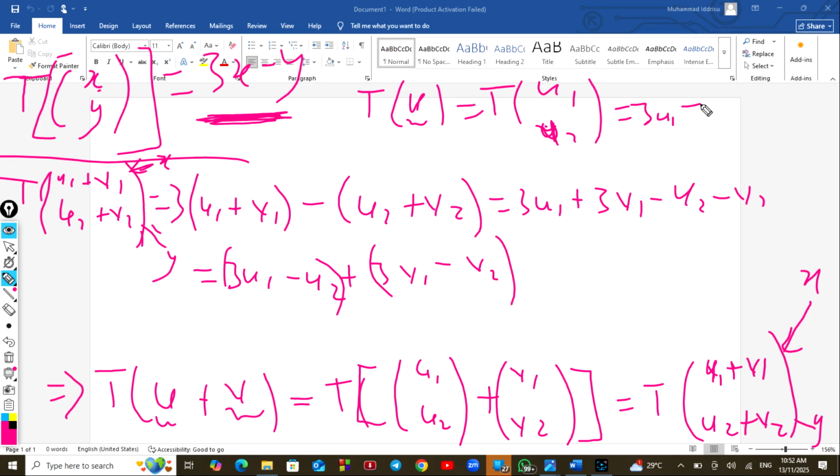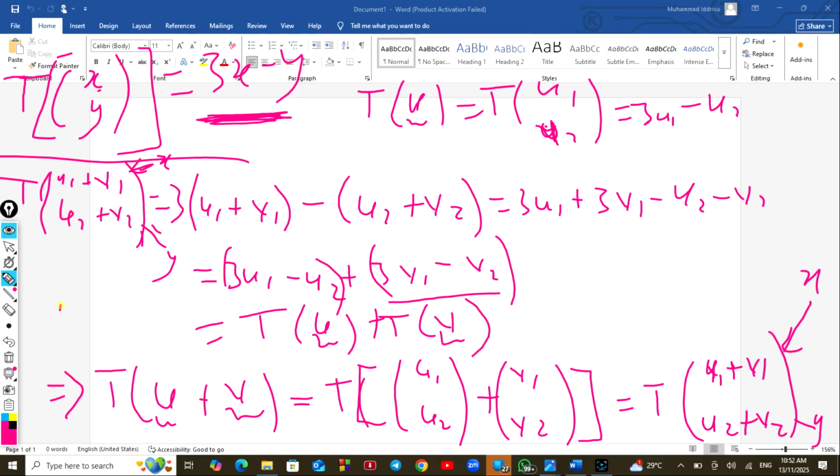So you see that 3u1 minus u2 is actually the transformation of the vector u, and similarly 3v1 minus v2 is the transformation of the vector v.